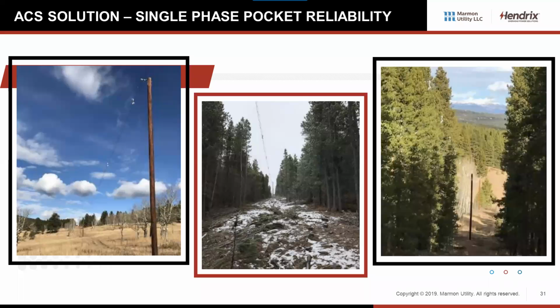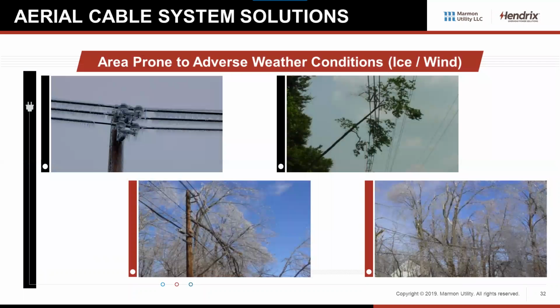But even just these steep slope mountain type applications, it's a good spot for covered conductor. We really shine because of how strong the system is in areas that pick up a lot of ice and wind. We tend to get a lot of these pictures after significant ice storms.